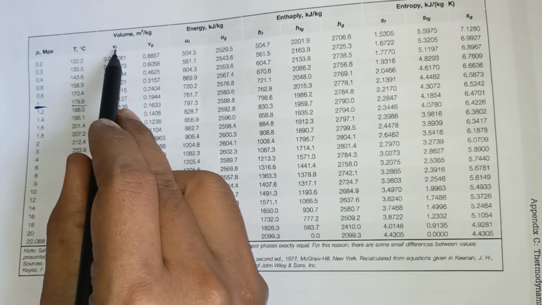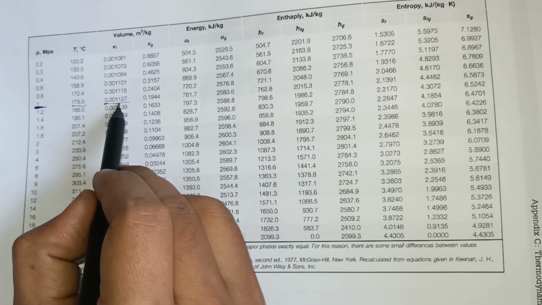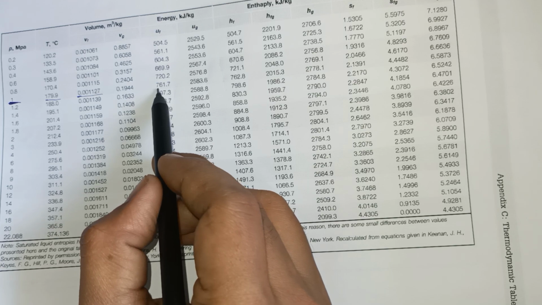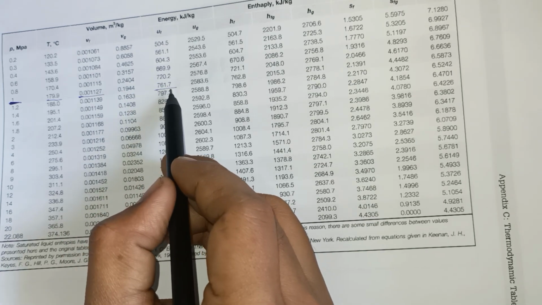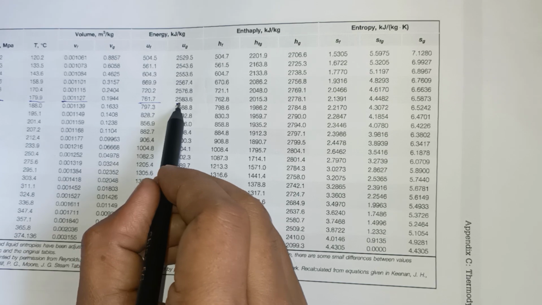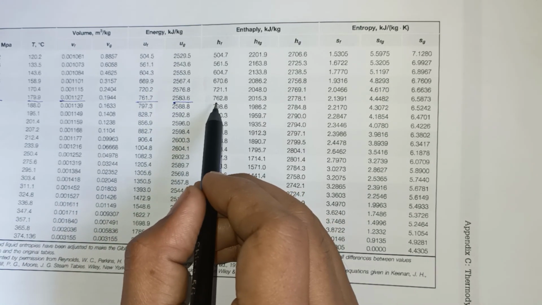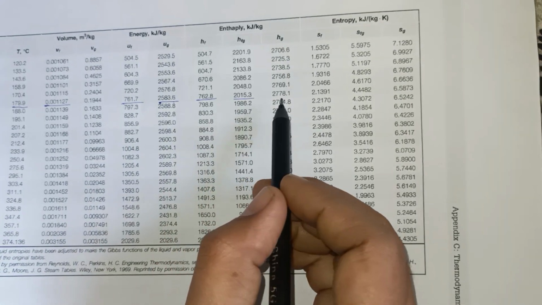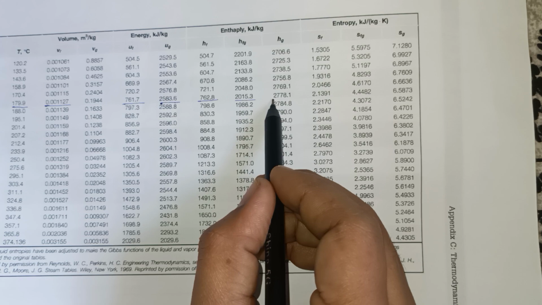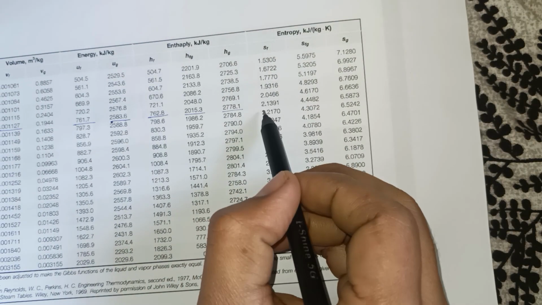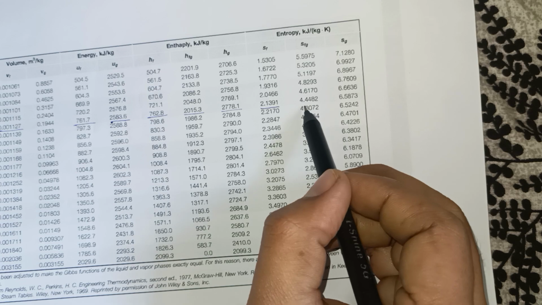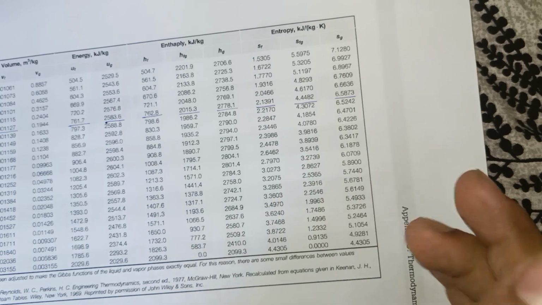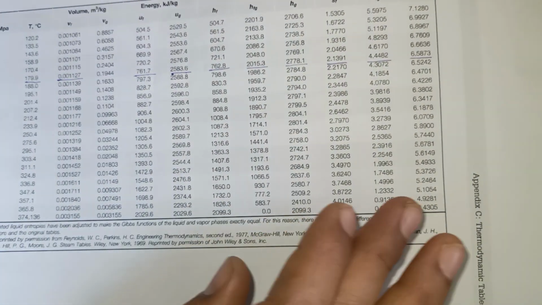Vf is 0.001127, Vg is 0.1944. Uf is 761.7, Ug is 2583.6, Hf is 762.8, Hfg is 2015.3, Hg is 2778.1, Sf is 2.1391, Sfg is 4.4482, Sg is 6.5873. In this way you can find this data from the steam table.